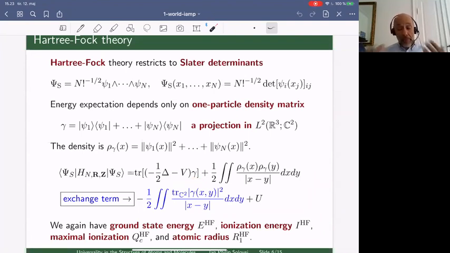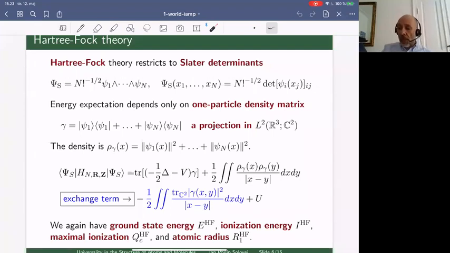And again, I can minimize over all Slater determinants, meaning minimizing over all projections gamma. When I minimize this expression, I get the ground state energy. I put an HF here to emphasize that it's Hartree-Fock theory that I'm working in. From it you can have the ionization energy defined exactly as before, the energy it would cost to remove one electron.